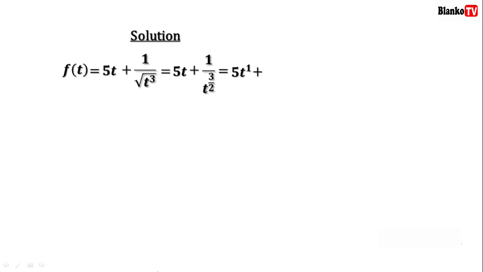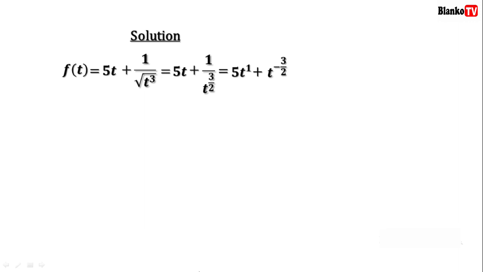Okay, plus, now we can still rewrite 1 over t raised to the power 3 over 2 to be t raised to the power negative 3 over 2. That is applying the fifth law of indices, which also states that a number raised to a negative power is the reciprocal of that number raised to a positive power.